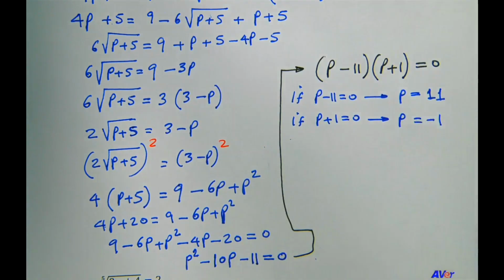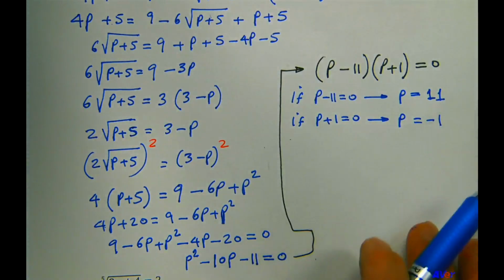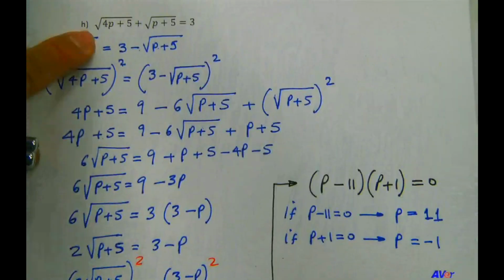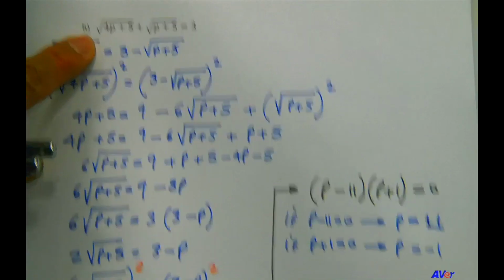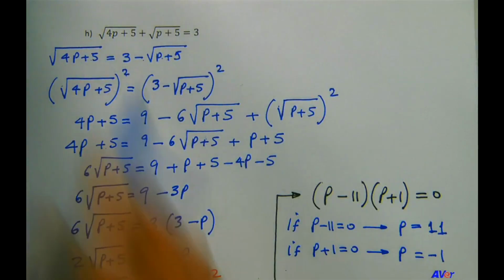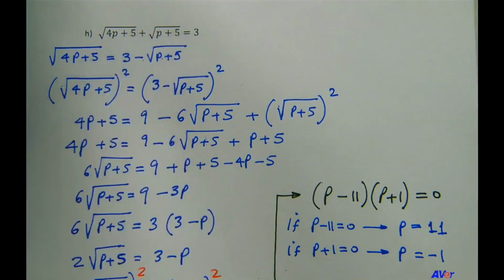Should we accept these two answers right away? No. We should plug them back into the original equation here. So we need to plug each one back in to see if the two sides are equal to each other. Let's do that. I'm going to do that on a piece of scratch paper here.